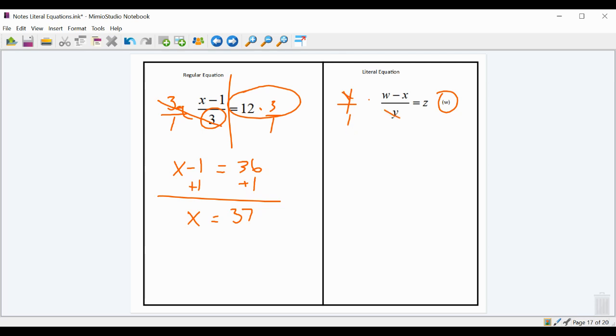And these simplify because y over y equals 1. All right? So when we do that, we're going to be left on the left side with w minus x. And then whatever we did to the left, we do to the right. Sorry, this is kind of difficult over there. We get z times y.